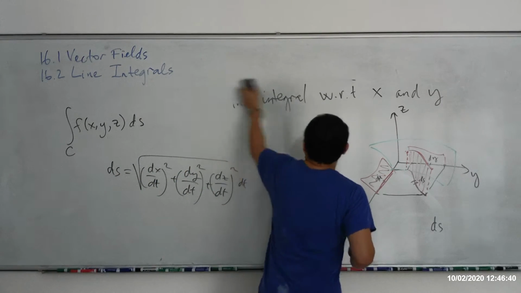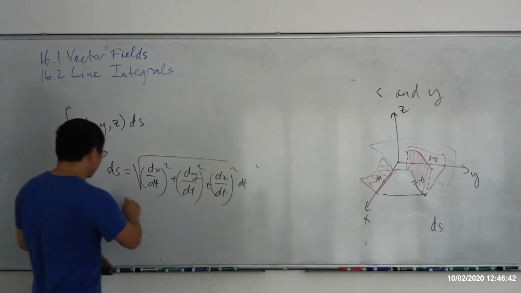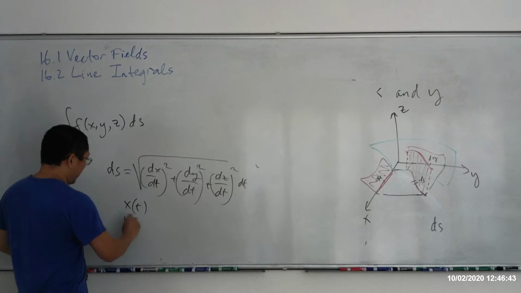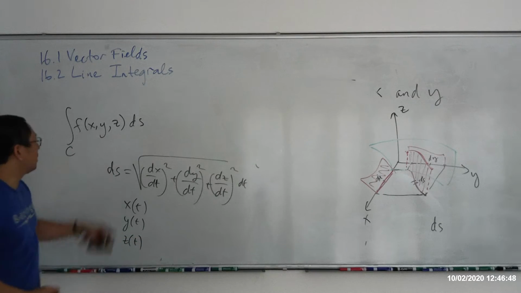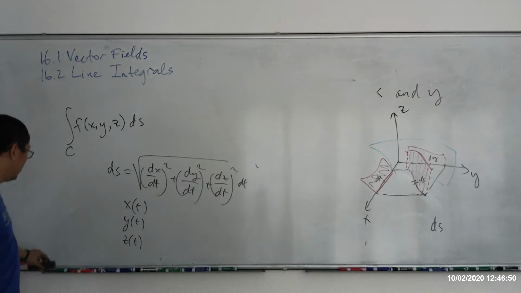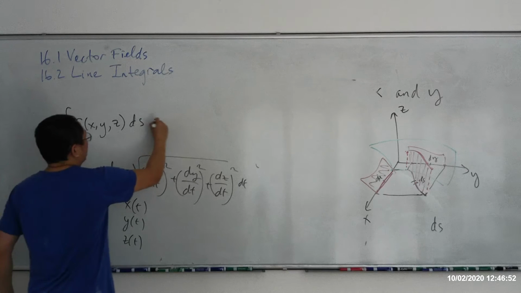And then you think of x as a function of t, y as a function of t, and z as a function of t, and you have the integral in one variable.